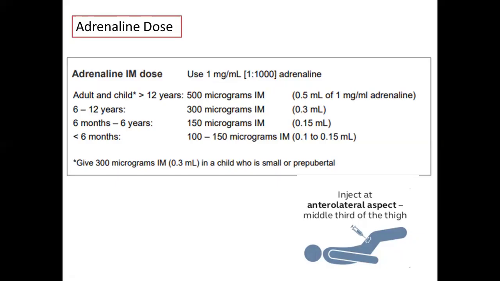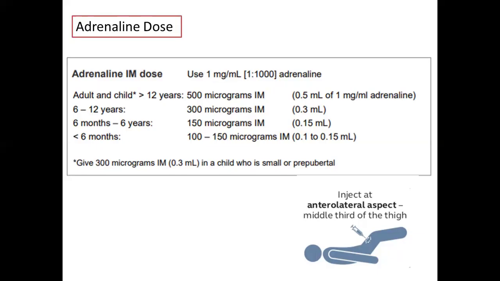If there is no response, no further IM doses; usually we are going to start IV adrenaline according to the refractory anaphylaxis pathway. If your IV adrenaline is getting delayed, we can give the third IM dose as well.